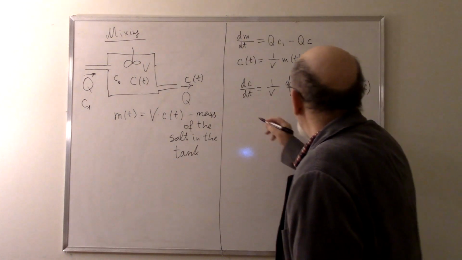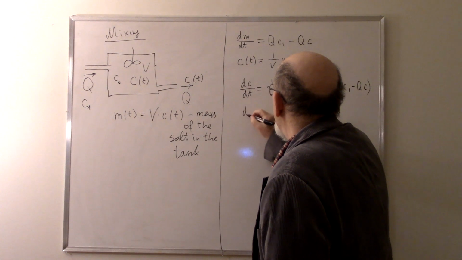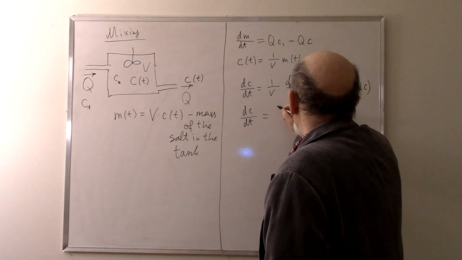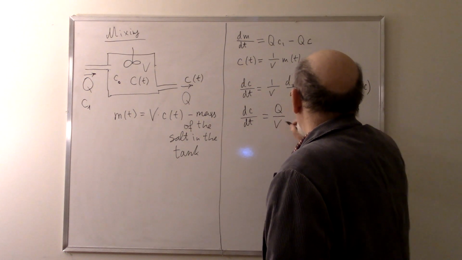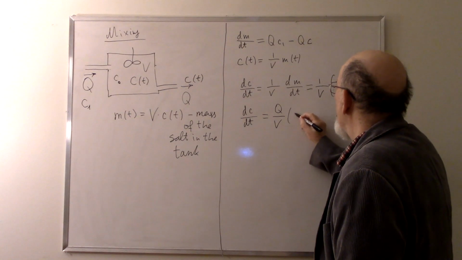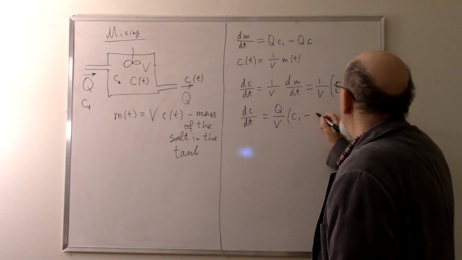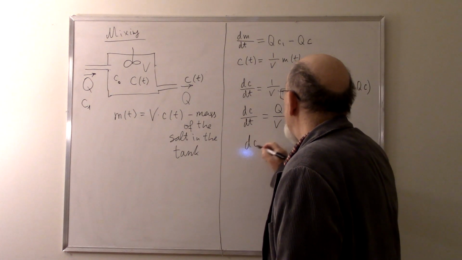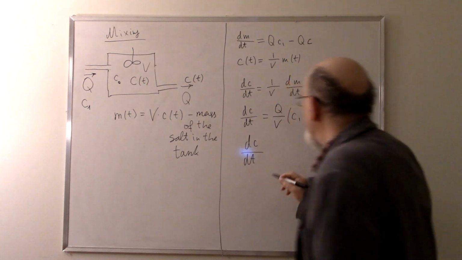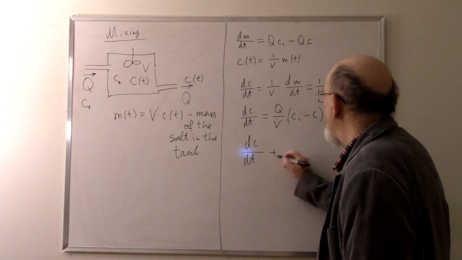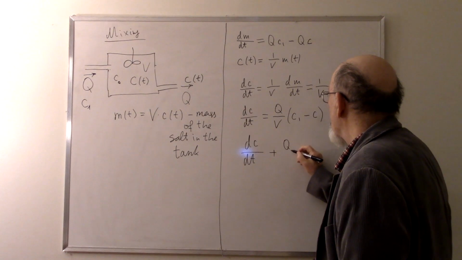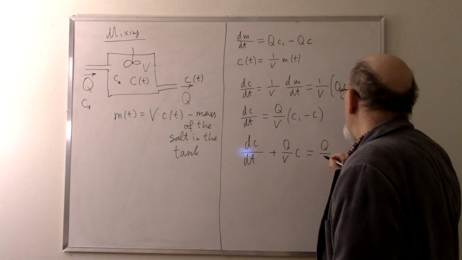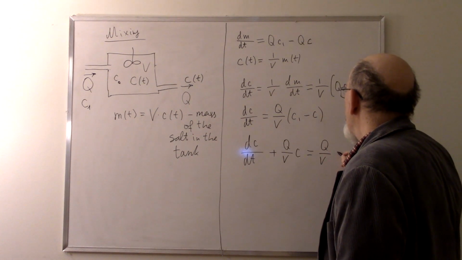Yeah? Or dC/dt equals Q divided by V times (C1 minus C). So dC/dt plus Q over V C equals Q over V C1.